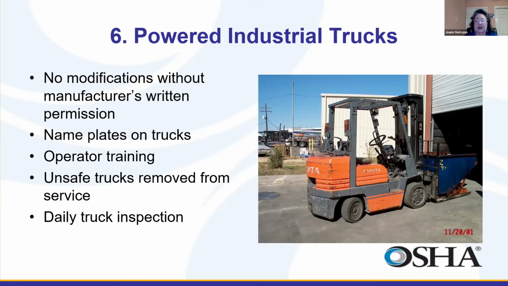Somebody has to observe them safely operating the truck. And then they also have to be designated by the employer. So if you have workers that come to you and just say, oh yeah, I can operate that forklift truck, don't let them operate the truck unless they have gone through your training program.